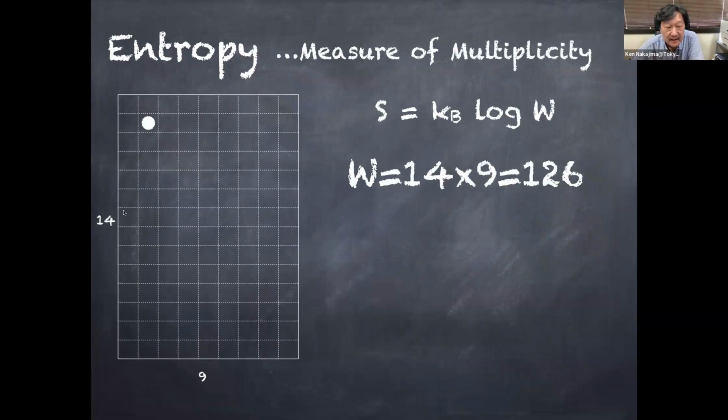And we can now count the number of the small box cells, multiplying 14 and 9, it goes to 126. Then this small circle is the molecule. But as I mentioned, the molecule is quickly moving inside this box, traveling all of the areas.